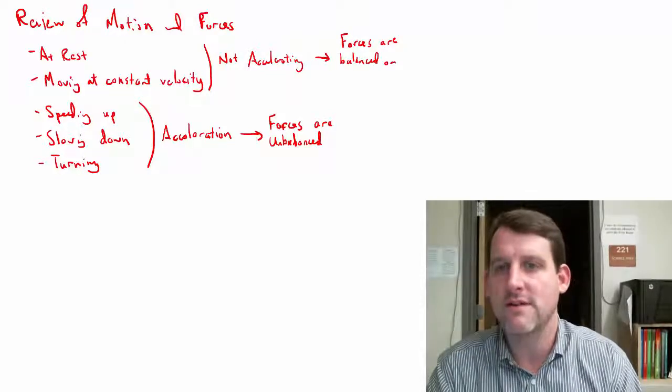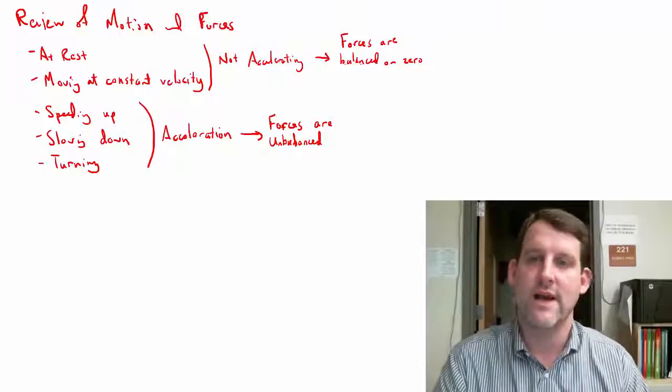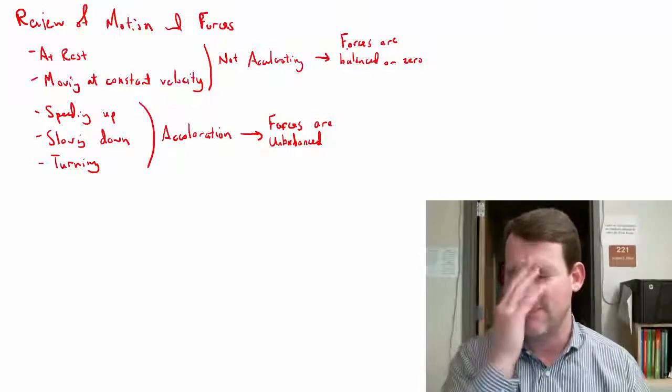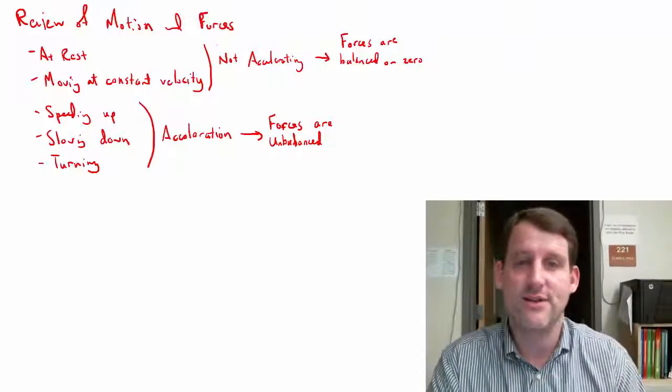Or they're 0. There's like no force, right? 2 options here. So either balanced or no forces. And when it's balanced, it's the same in both directions. It's as if there's no forces at all. They cancel each other out. Awesome. So we have these 2 situations.